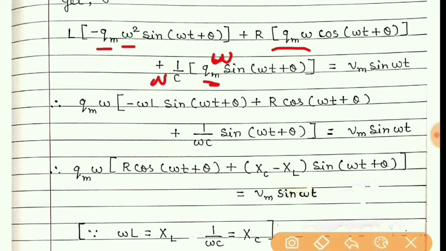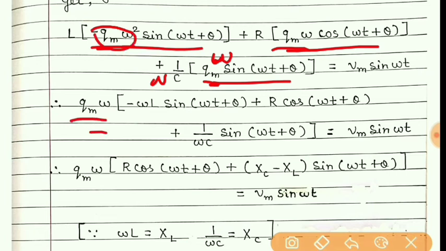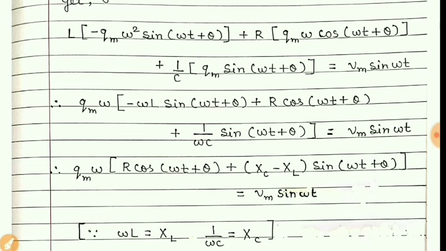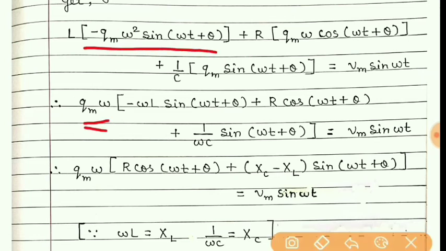So now we can say that in all these three terms there is q into omega, which can be taken out common. In short, when we take out q omega common, what remains in this first term? L remains, 1 omega is taken out, so 1 still remains, minus sign as it is, sin omega t as it is.